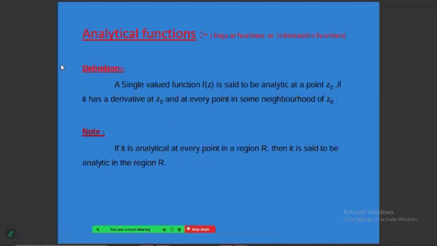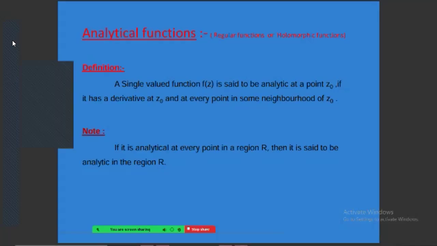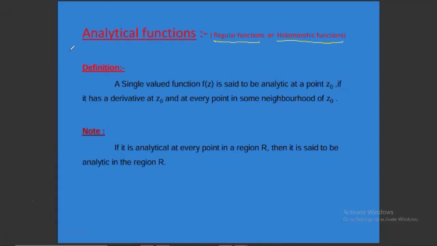Analytic function. Another name for an analytic function is regular function, and holomorphic function. Definition: a single valued function f of z, which is u plus iv, where u is the real part and v is the imaginary part.